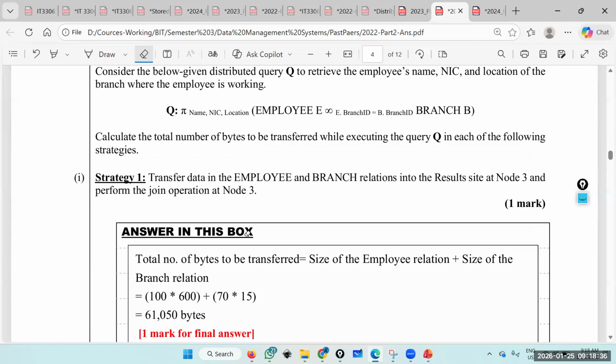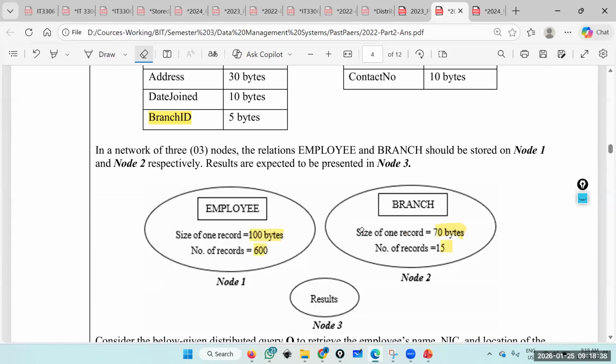Then here we do the join and then do the project.